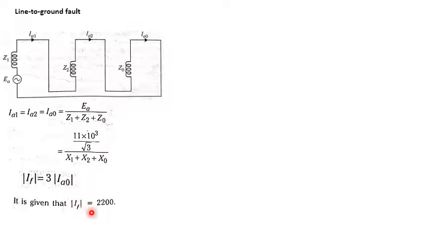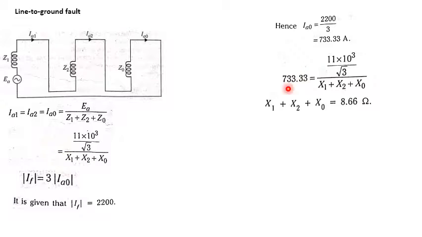In the problem it is given that the fault current is 2200 amperes. Substitute the fault value here and calculate the Ia0 value. Hence the Ia0 value is 733.33. Substitute this 733.33 in this equation, where Ia0 is considered, and calculate the values of x1, x2 and x0. Substituting in this equation, we will get x1 plus x2 plus x0 is equal to 8.66 ohm.